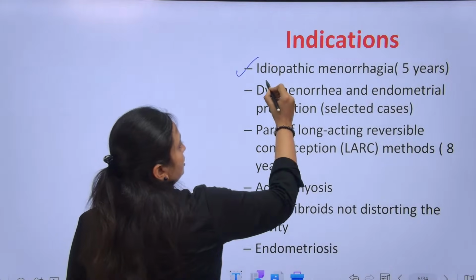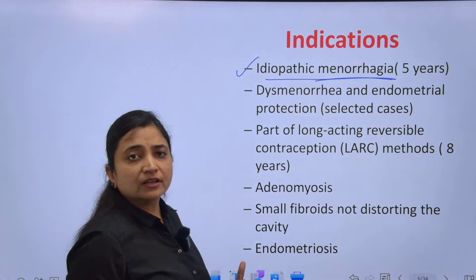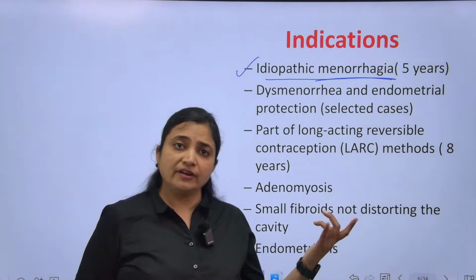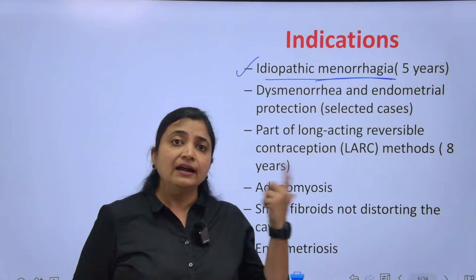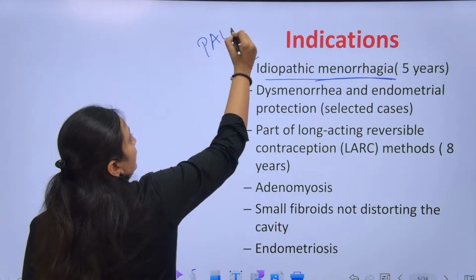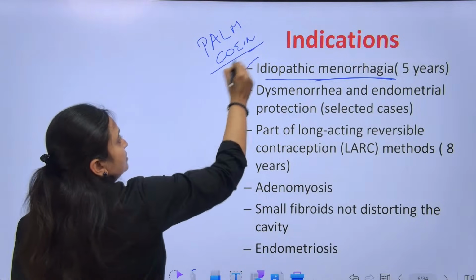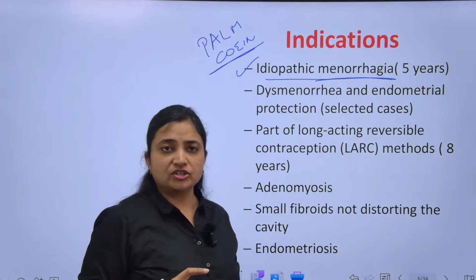Idiopathic menorrhagia, very important. Go back to our AUB lecture series and try to understand. It is called the PALM-COEIN classification, where we try to find out the reason for heavy bleeding in a patient.